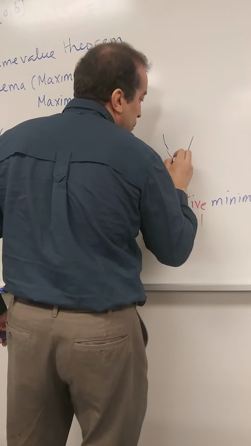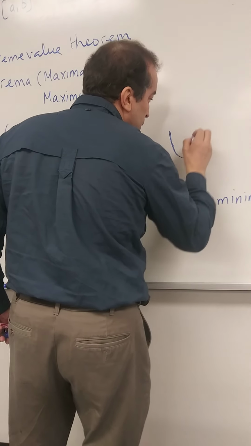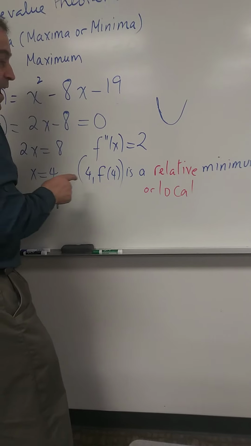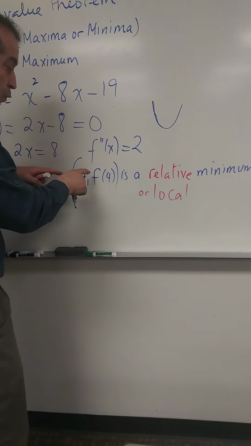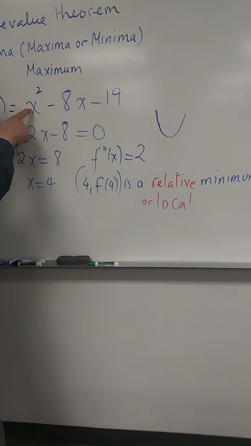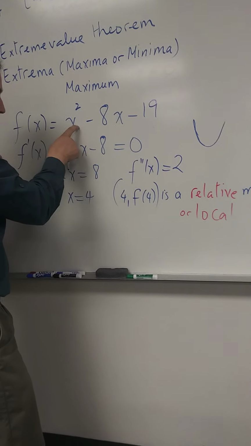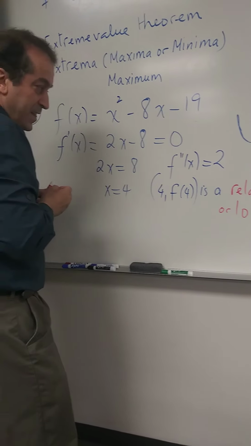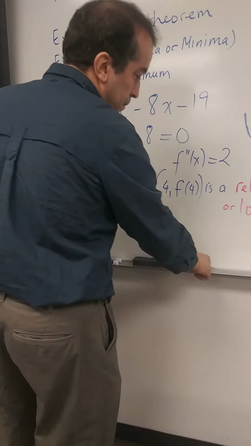It would have had a lowest point, and that would be x equals 4. If you have to find f of 4, you plug it back into the original equation, substitute 4 in here and in here, and that gives you what f of 4 is. But at this point, we don't have to do it.